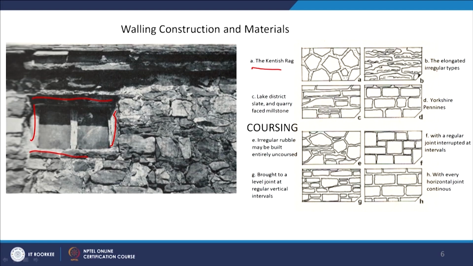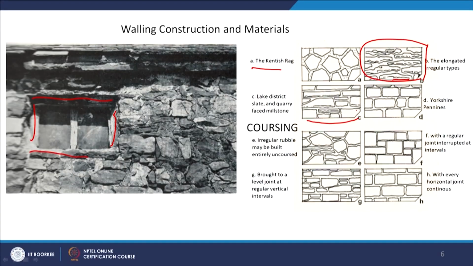And the second one, you see the elongated irregular types, because they are all coming from sandstone and they come in regular formats, a little elongated in shape, and this is one format. I was in the Lake District in England, and the Lake District is famous for its slate as well as the stone buildings it has.